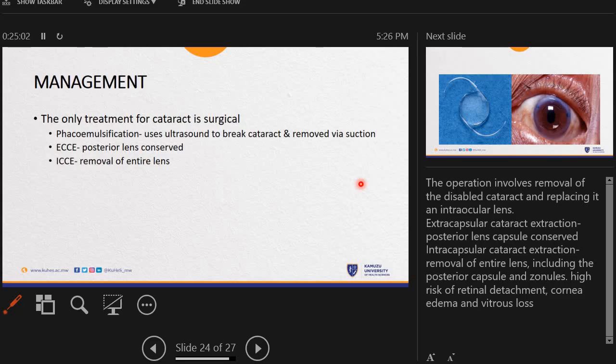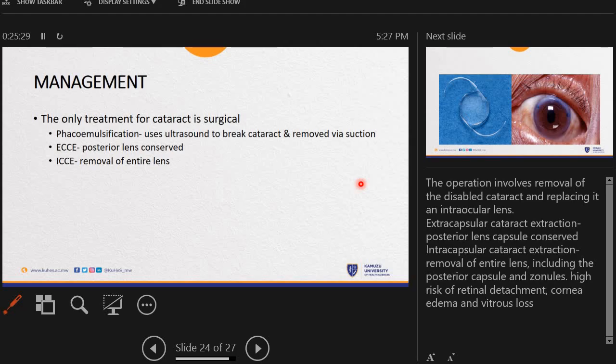Maybe if they're having glare, you can provide them with glasses, just to correct some of the refractive errors they might be having. And also you have to treat the systemic disease that they might be having.